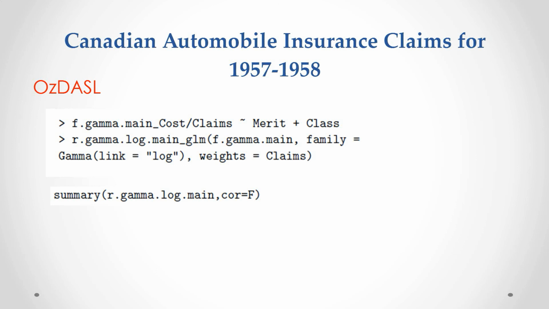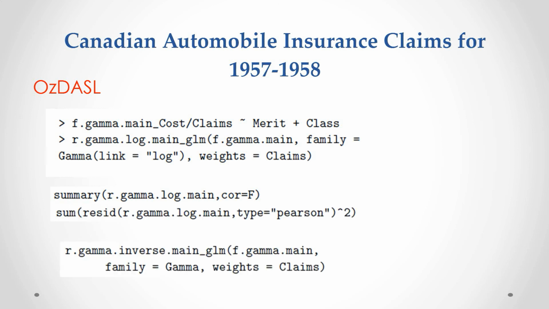We can look at the results using the usual summary command and the goodness of fit by looking, for example, at the Pearsonian residuals. We can also get an estimate of the scale parameter from the Pearsonian residuals. Finally, we can choose different links, and here we have used both the log link as well as the inverse link function.